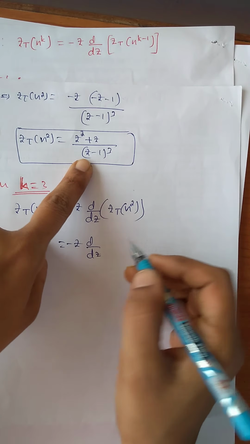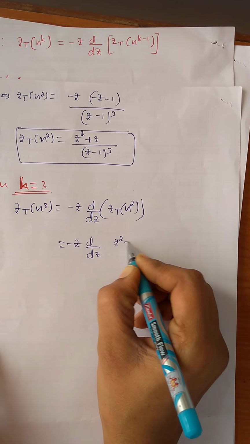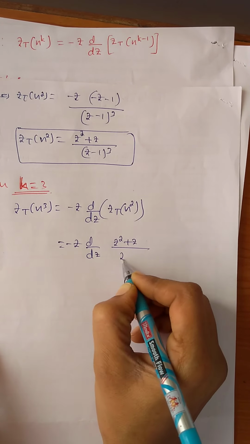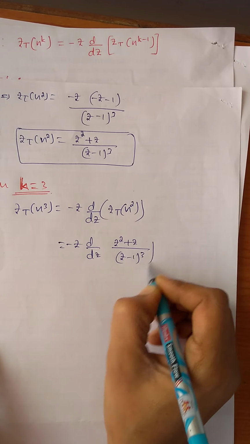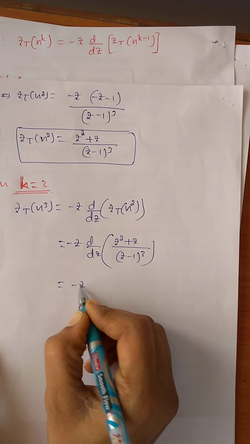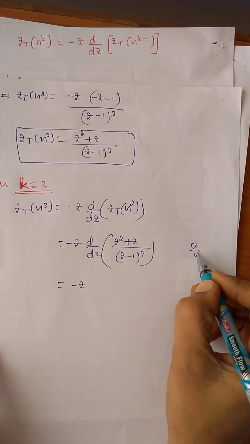From the previous result, we can see the z transform of n square is (z square plus z) by (z minus 1) whole cube. Next, minus z, differentiate this, apply the quotient rule.